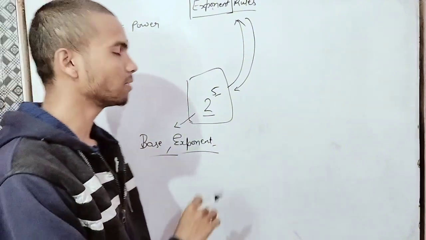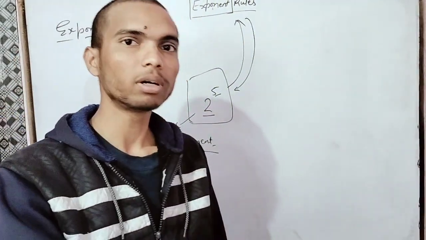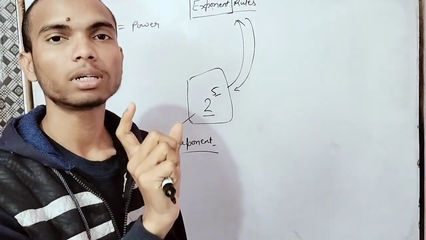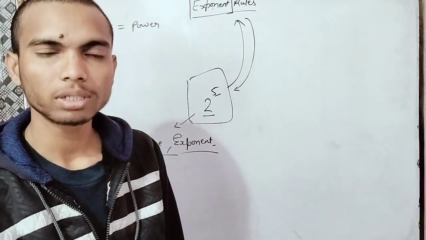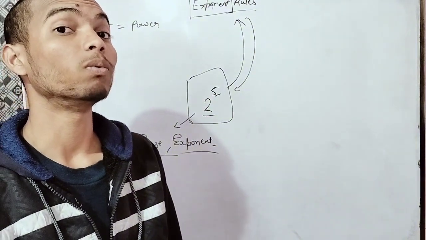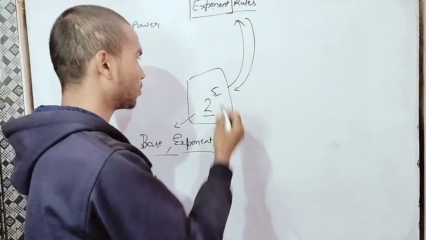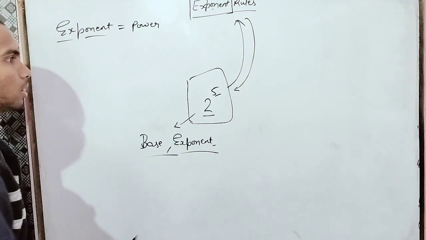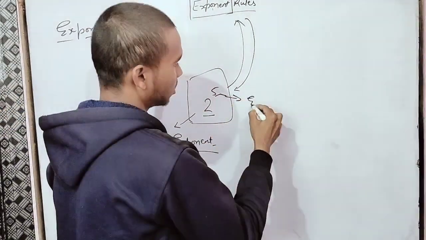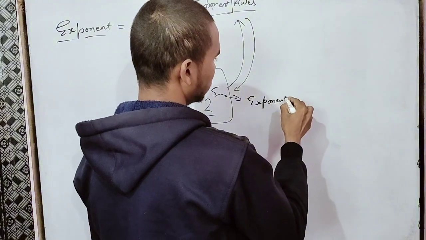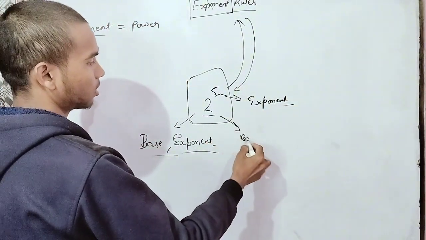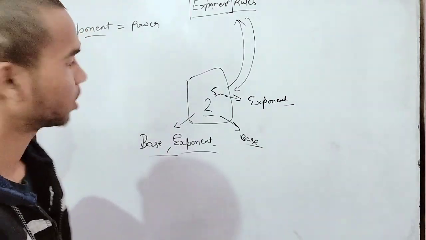Okay. So always remember, the downward number will be known as the base and the upward number, over the downward number, will be known as the exponent. So this upward number will be known as exponent. Always remember, this is the exponent, otherwise you can say power, and this is the base.